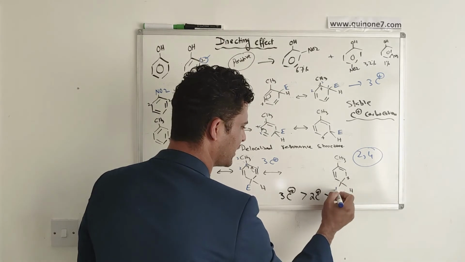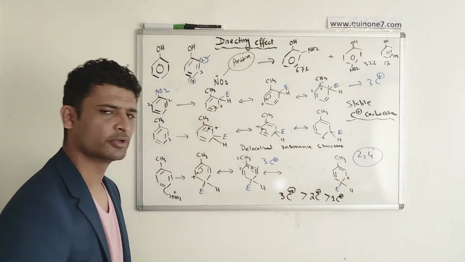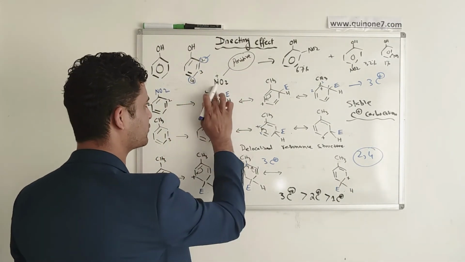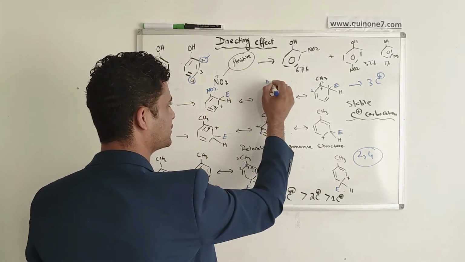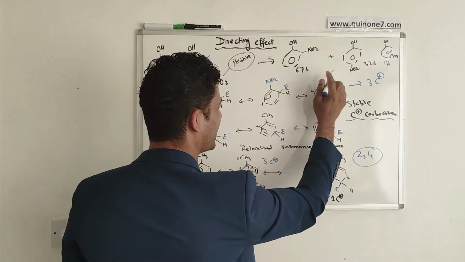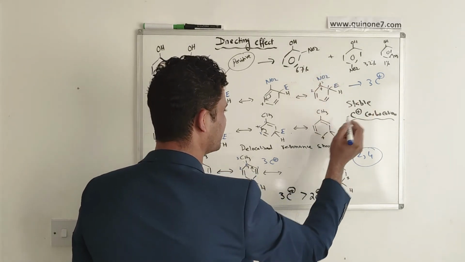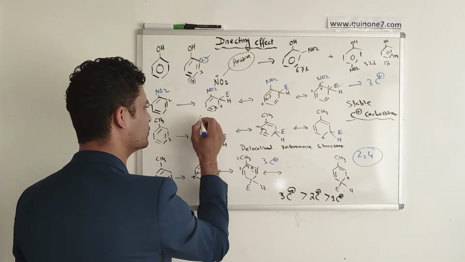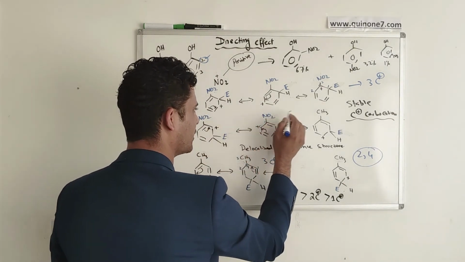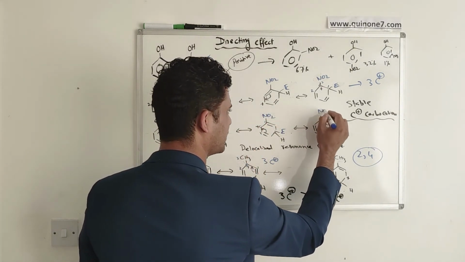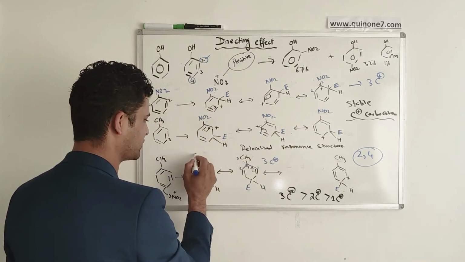So we will look at all 3 possibilities. We have to replace this one by NO2. I will explain in a minute why NO2 is an electron withdrawing group and why NH2 is an electron donating group. I did say that earlier, but I'm just going to explain it again.